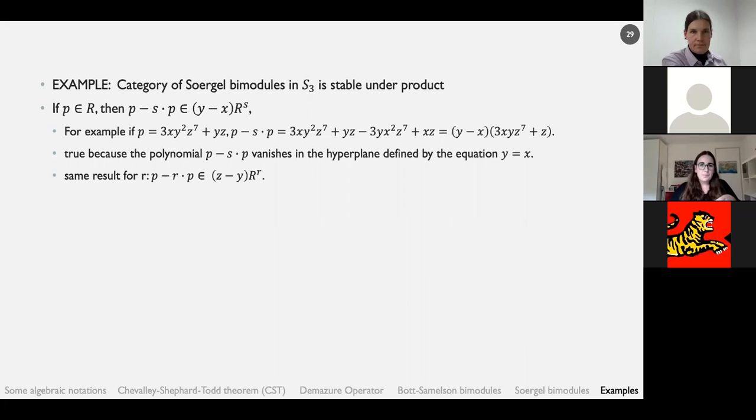So first, one important fact about R is that if P is an element of R, then P minus S times P is an element of Y minus X times RS.